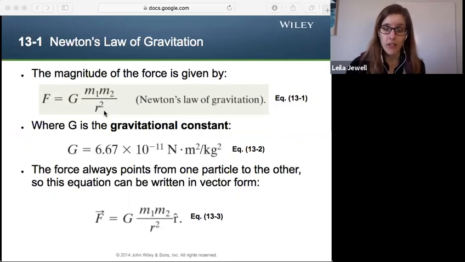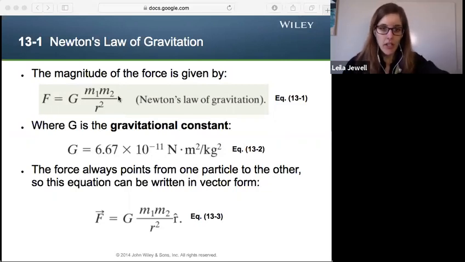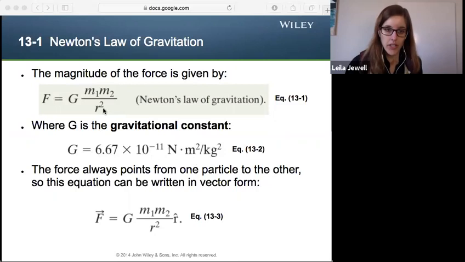This applies if you are near Jupiter, if you're anywhere else, and it's always equal to 6.67 times 10 to the negative 11 newtons times meters squared per kilogram squared. So that's the constant. Then we have m1 and m2, which are the two masses that are involved in this. And then r is the distance between those two masses.